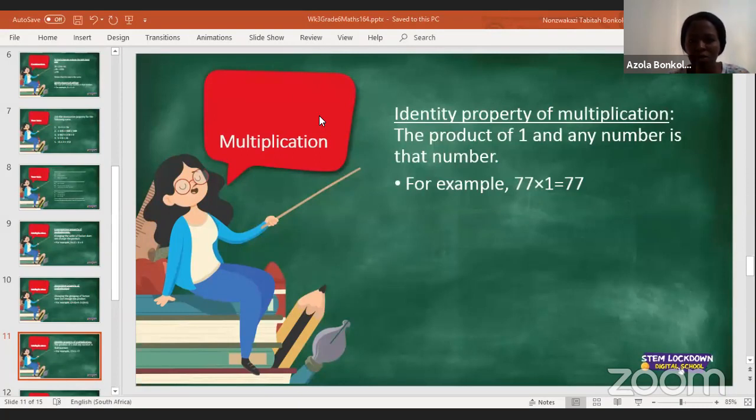It is 0 because when it comes to multiplication, anything multiplied by 0, the answer will always be 0. So I don't want us to confuse the two, the identity property and multiplying by 0, because the identity property of multiplication is 1 so that the number remains itself.